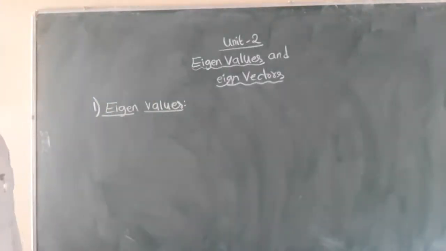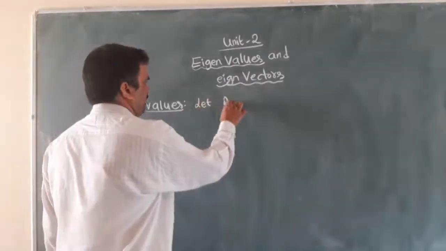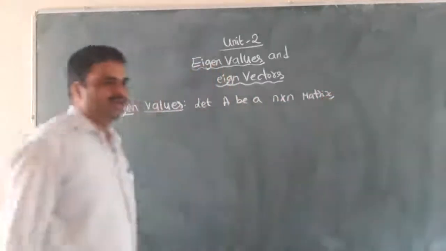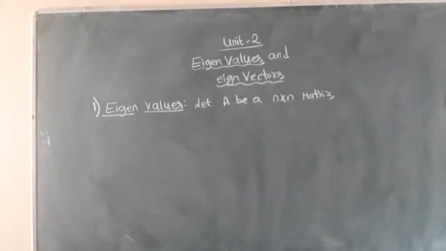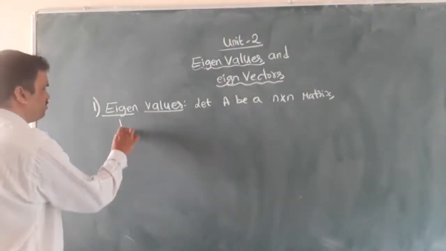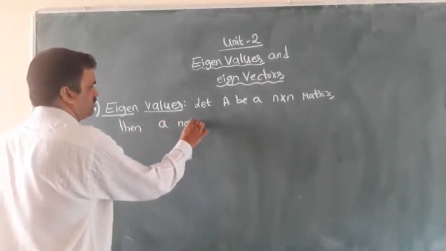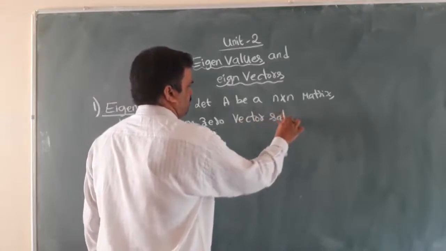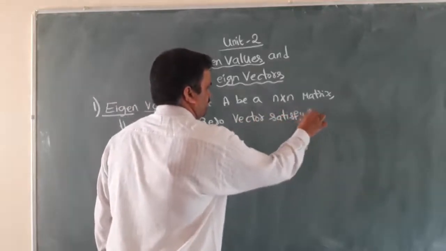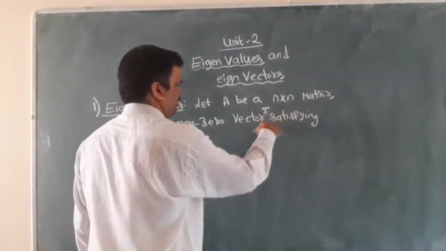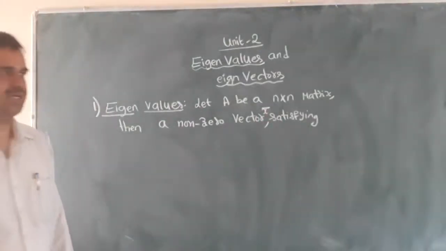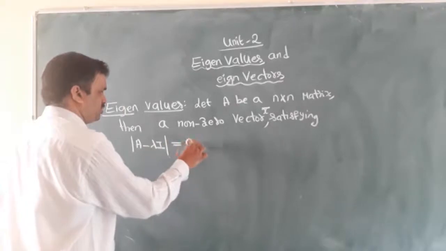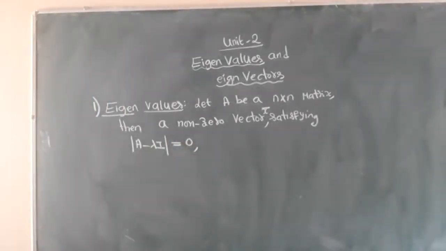Eigenvalues. Let A be an n by n matrix. Then a non-zero vector x bar satisfying the determinant of A minus lambda I equal to 0.